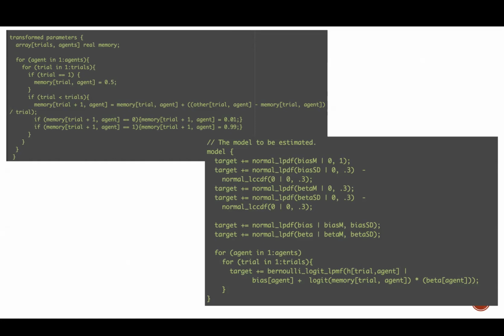We're updating the memory value. I use the formula of the Kalman filter. Basically, it gets updated less and less the more trials pass because you're more confident the more trials you've seen. It's just a way of doing the average without having to keep in mind the full vector of previous choices.